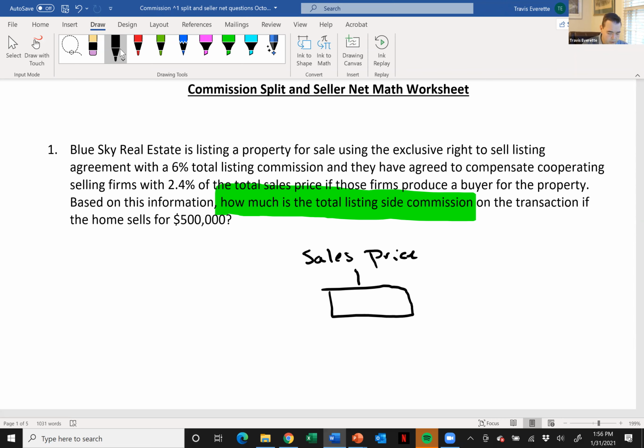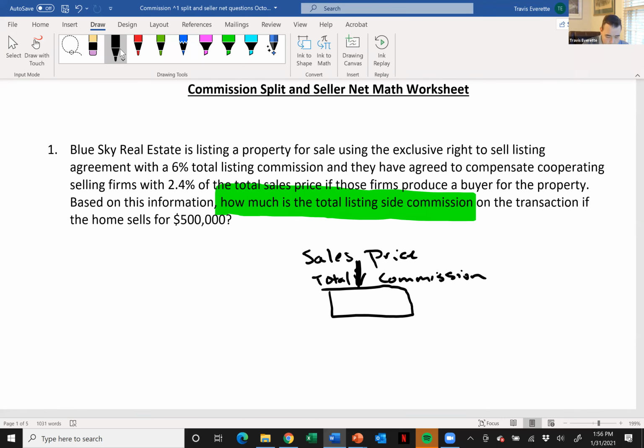Okay, so here's my total. And drawing it out really does help. So I have my total commission here. Okay.